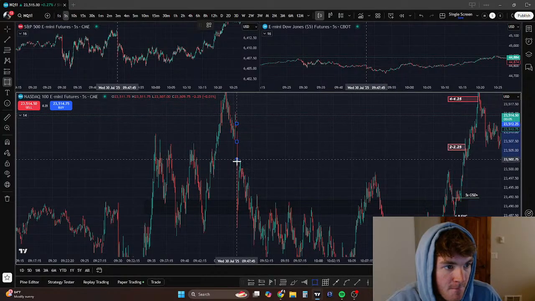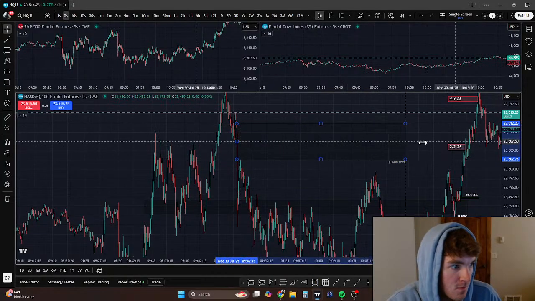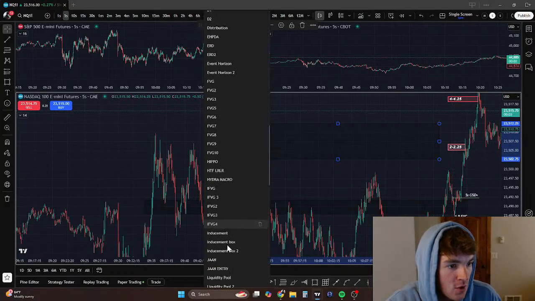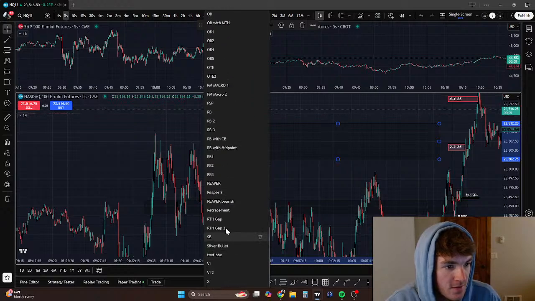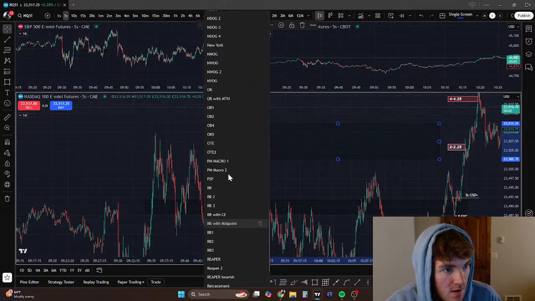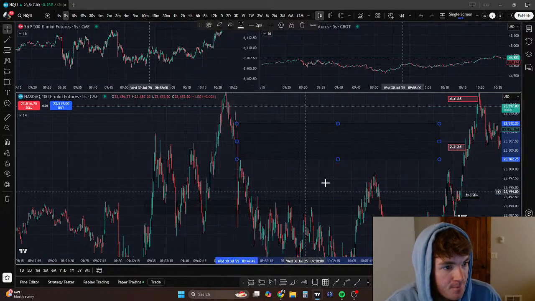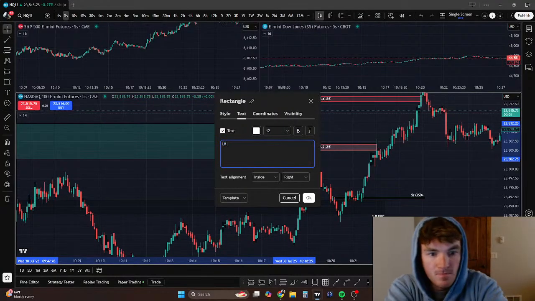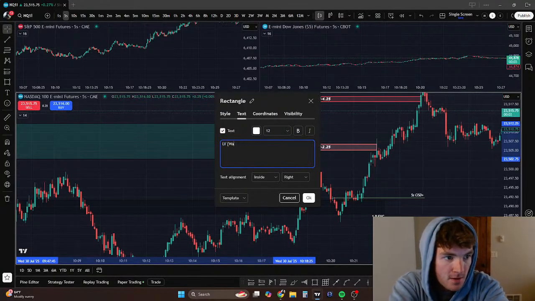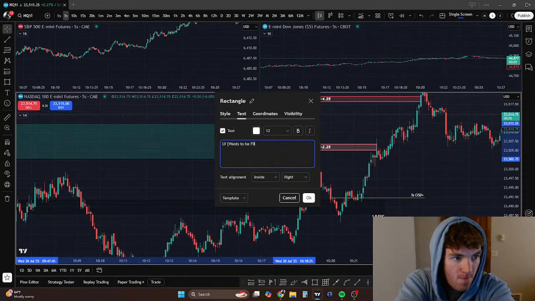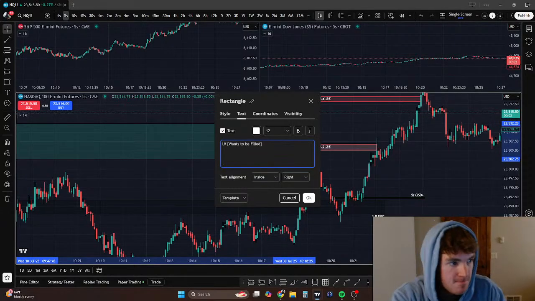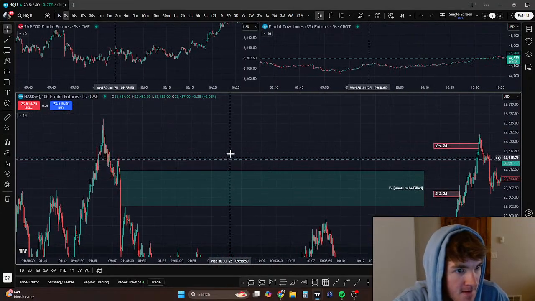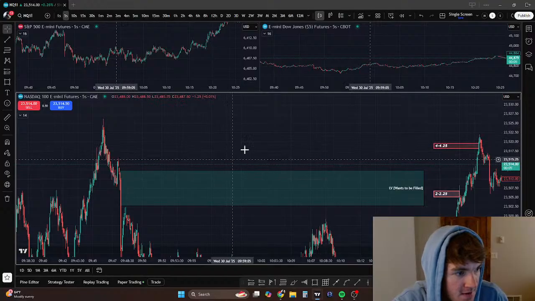Liquidity void. So we know that this liquidity void is going to want to get filled. Right, we have this wick here, and then we have the fourth standard deviation.